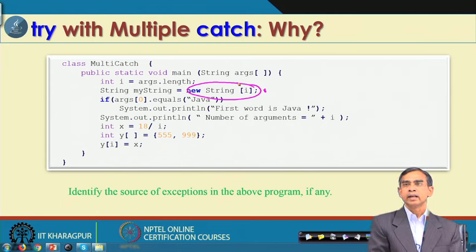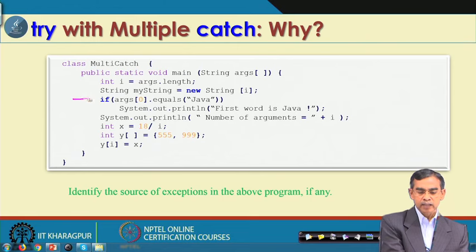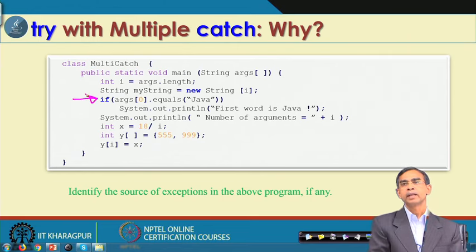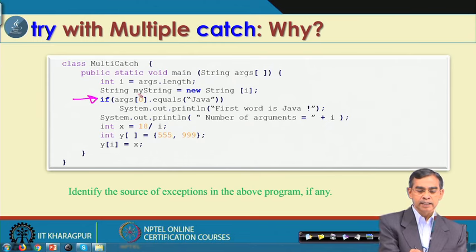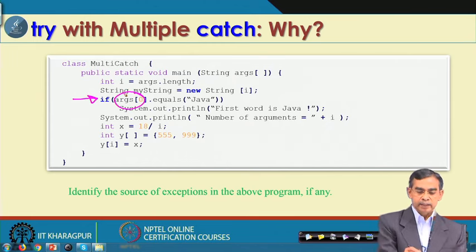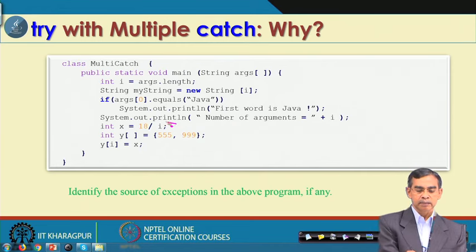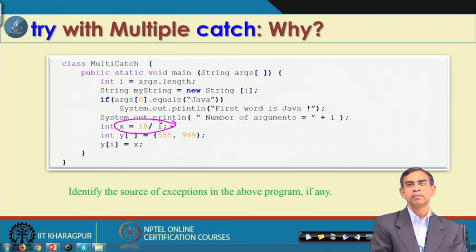It is called the null pointer exception. There is also another scope of error here: if the user does not pass any input, then args[0] is also a null pointer. At another point, if I equals 0, it is the arithmetic exception, namely the divide by 0 error.